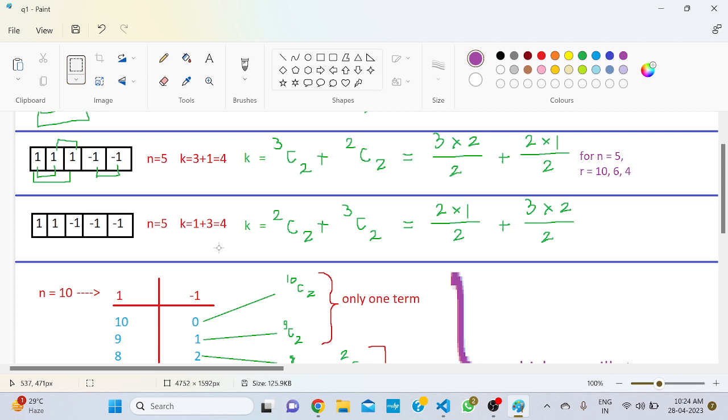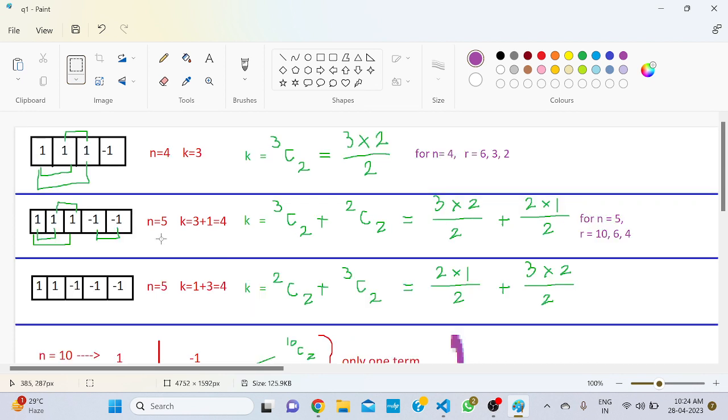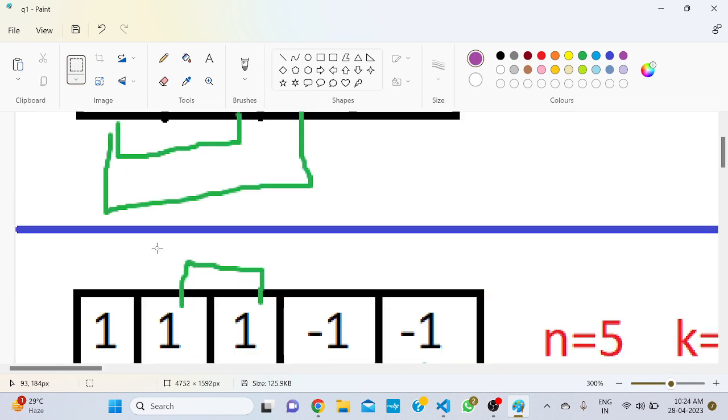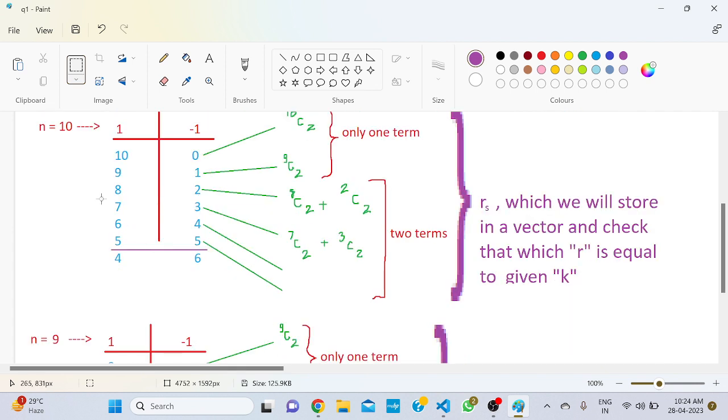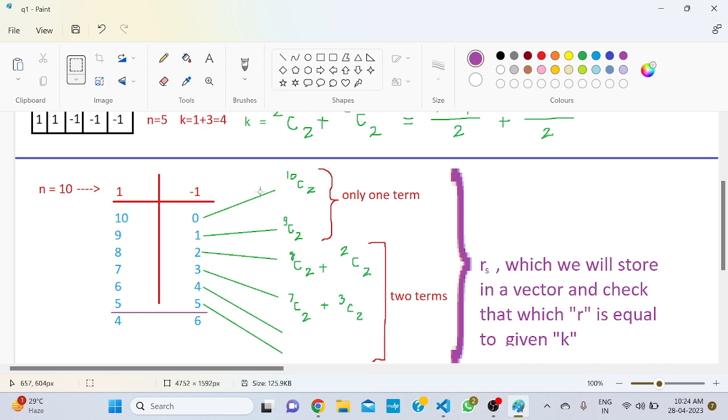So now we can conclude that our given n equal to something and k equal to something. So how will we make that array? You can easily observe that suppose n equal to 10. So how will we distribute 1 and -1 in the array of length 10?